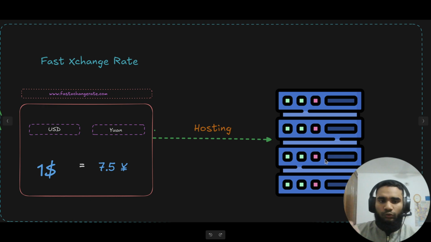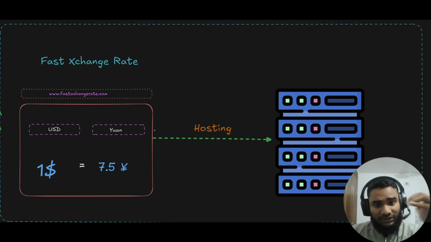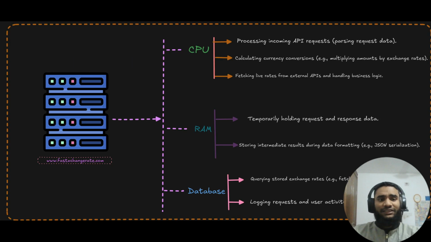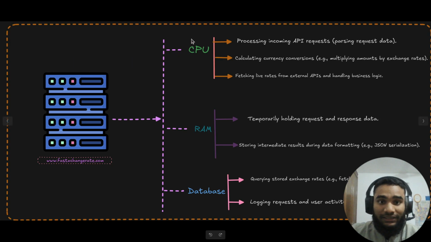So we all know that a server actually processes the request. Like, you are a user of this service, you are a client of this service, for example, and you are sending an API request. So it is the responsibility of the server to accept the request, process it, and send the response. And to do this task, the processing task and sending the response, the server has to use its resources. What type of resources? Here, look at the screen. CPU, RAM, database, and there are many more.